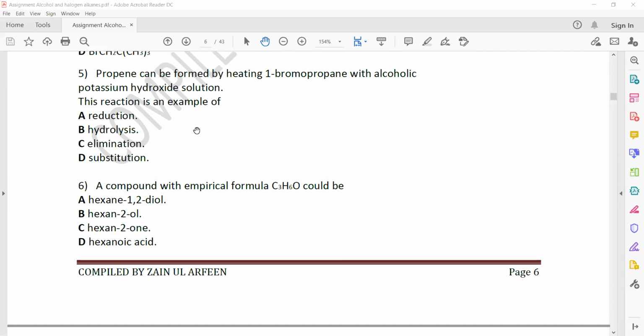Propene can be formed by heating 1-bromopropane with alcoholic potassium hydroxide. In this reaction, you have alcoholic potassium hydroxide, meaning an alcoholic medium, and the halogenoalkane undergoes a reaction to form an alkene. What do we call this reaction?